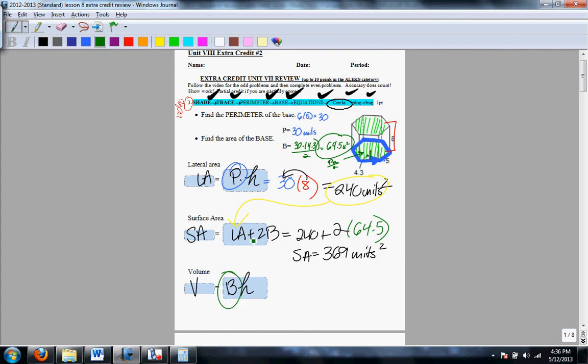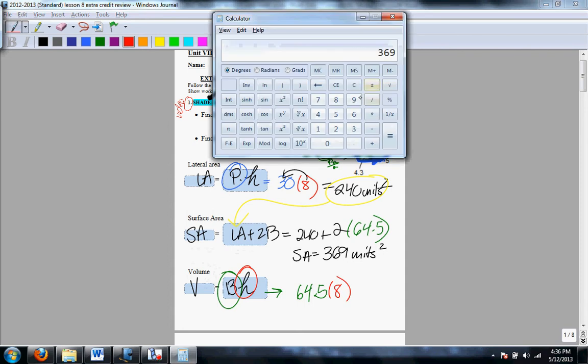Last one is volume, the area of our base times height. So we come up here, that's going to be 64.5 times our height, which is 8. And we get 516.